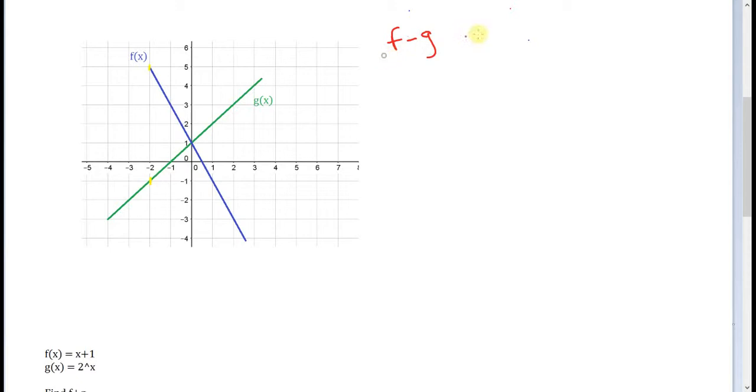Okay, now let's find f minus g. So again, f minus g is only going to exist where f at x and g at x exist. We could be given lines that continue forever in either direction, in which case the function that it makes will continue forever in each direction. Let's suppose that these are actually just line segments and that f at x only exists from negative 2 to 2.5 and the domain of g at x only exists for negative 4 to 3.5.